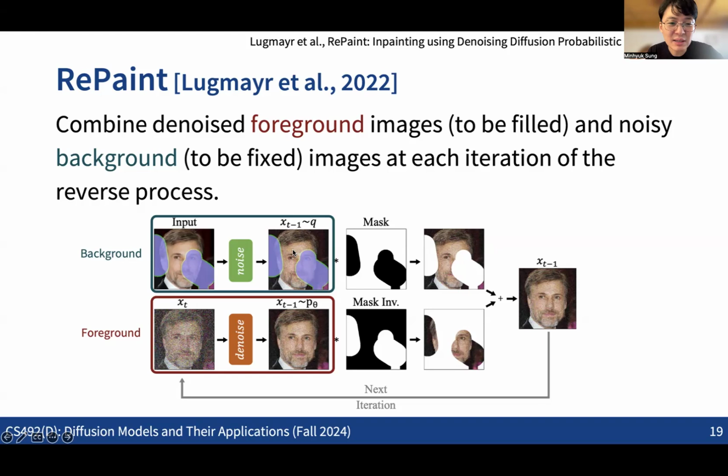Since we are always sampling x_{t-1} for the background from the input x0, as t decreases to zero there won't be big changes in the background region. In this way, we preserve the background to be the same as the given input, while still running the denoising process for the foreground region.